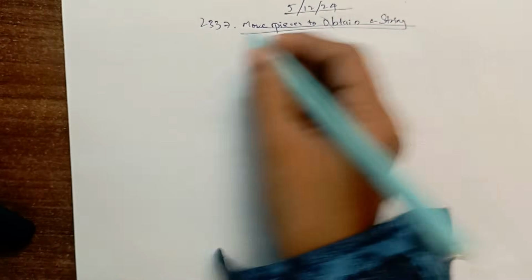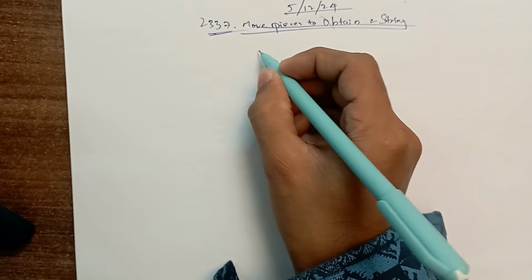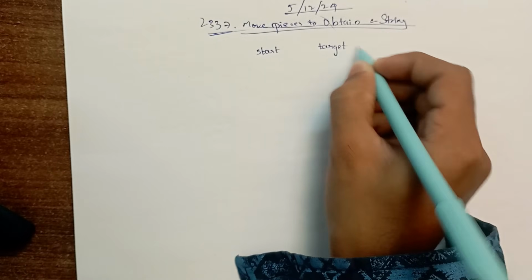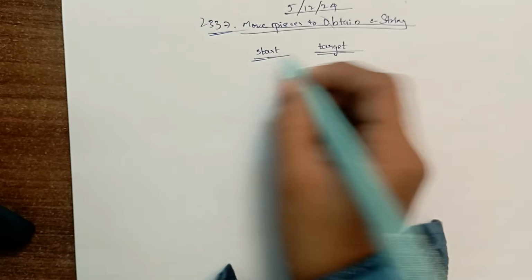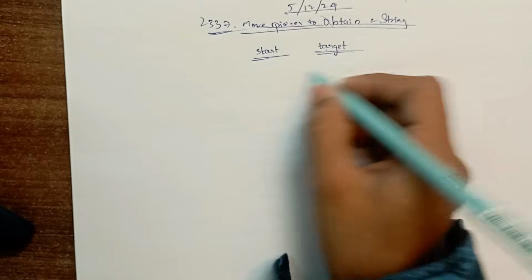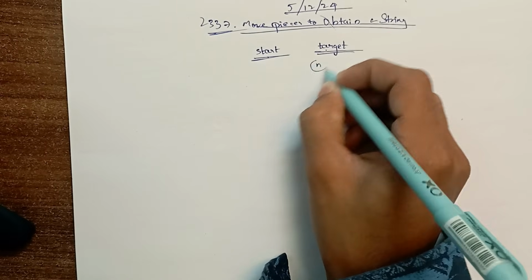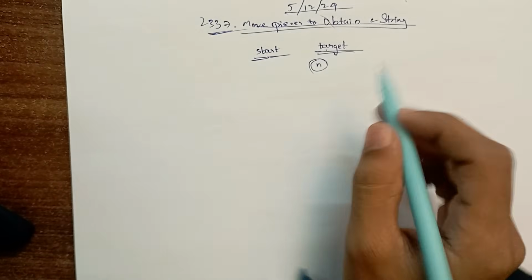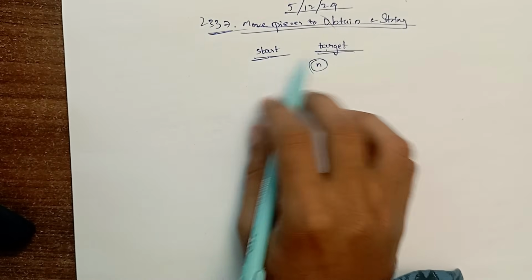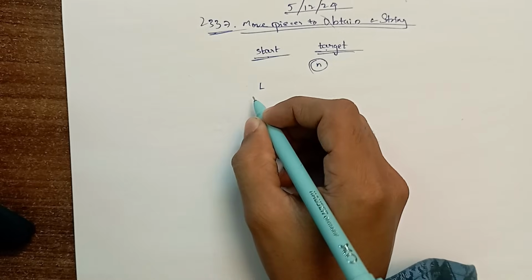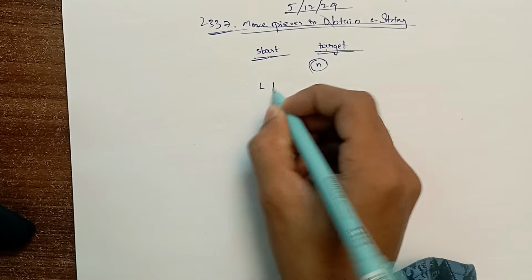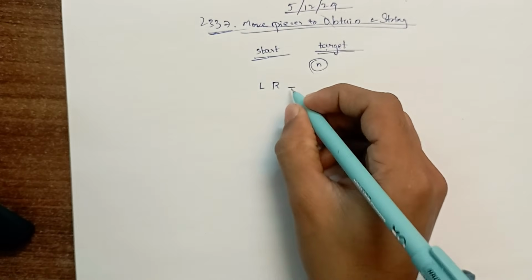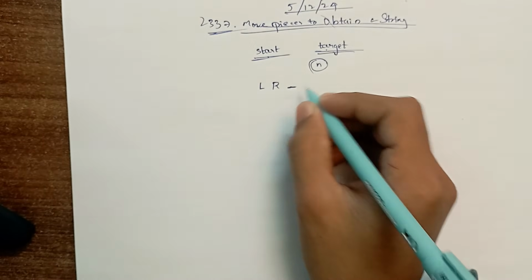In the question's description, we are given two strings, start and target. The size of both strings is the same, n. In both strings, we are only given the characters L, R, and underscore. The underscore is a blank space.